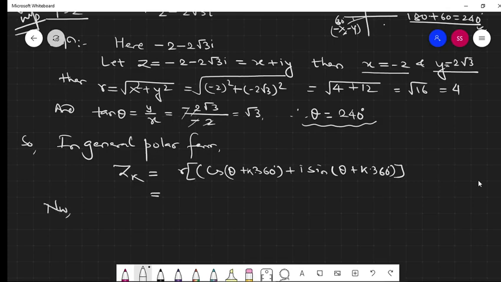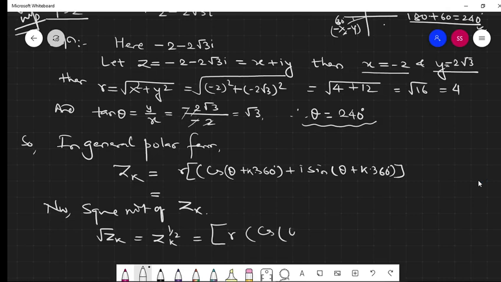Now the square root of zk, that is zk to the power 1 by 2, you have to write r times cos of theta plus k times 360 degrees, plus i sin of theta plus k times 360 degrees, all to the power 1 by 2. This is the pattern.